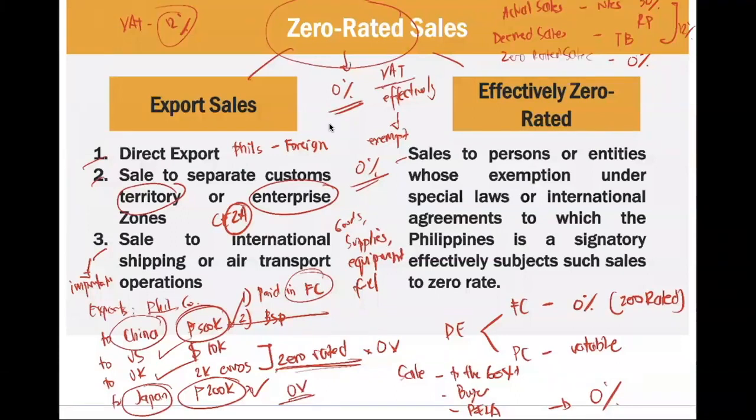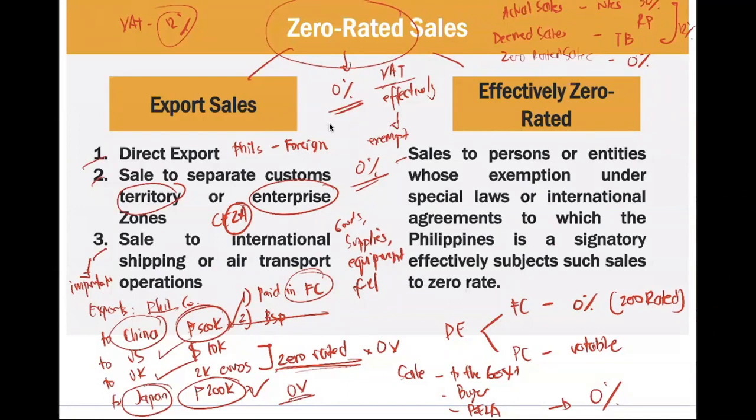So we have three transactions considered as export sales. First, direct export sale. Next, sale to customs territory or enterprise zones. Next, sale to international shipping or air transport operations. Once you see these types of sales, so halimbawa, nagbigay ng different sales: sales to customer A, sales to customer B, sales to customer C, sales to PEZA, sales to US customer paid in a foreign currency, blah, blah.